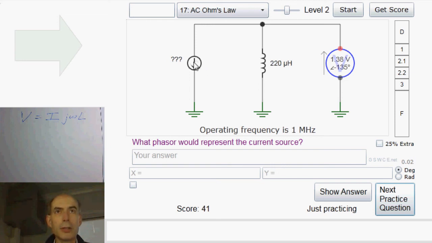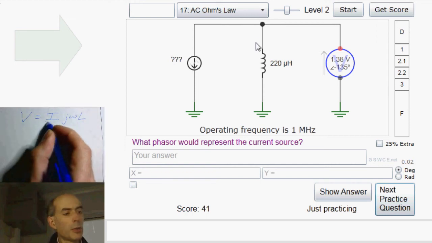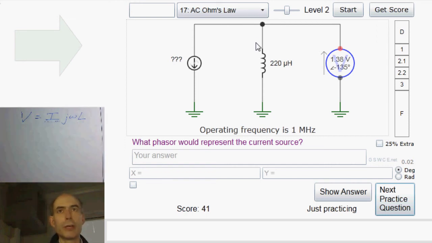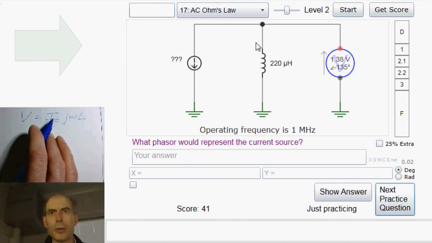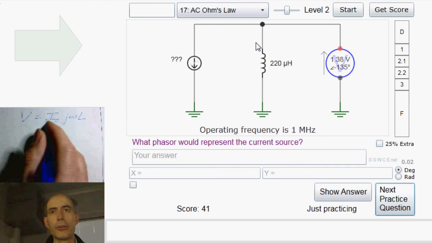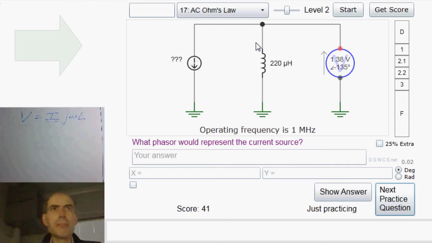But this current is flowing down that way. So that's the current flowing up through the inductor, which is the opposite direction to the current that we would get from this equation here. However, that just means we multiply by minus 1. Or, in other words, invert the phase.